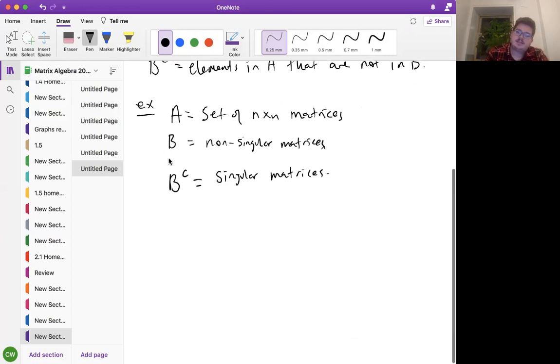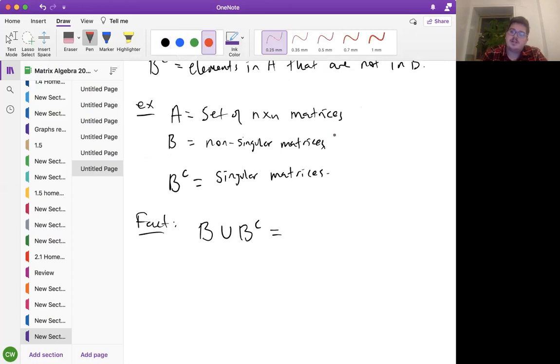Here's a fact. I think it's kind of clear to see. B union B complement, what do you think that is? Oh, why is this true? Okay, so non-singular matrix means it has an inverse. Singular means it does not have an inverse.